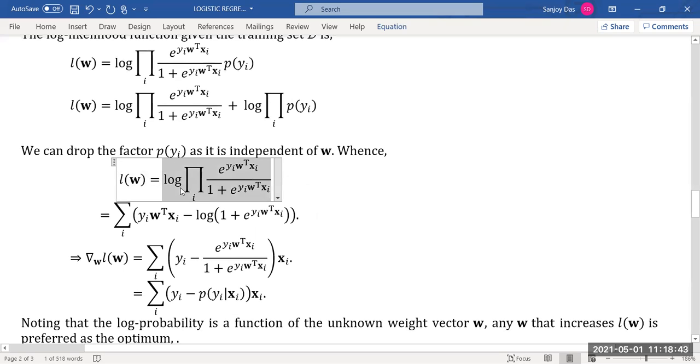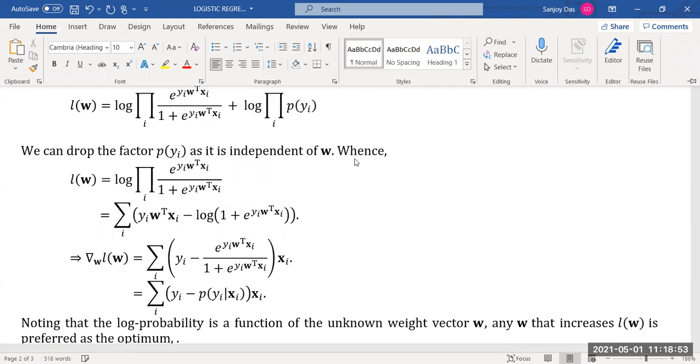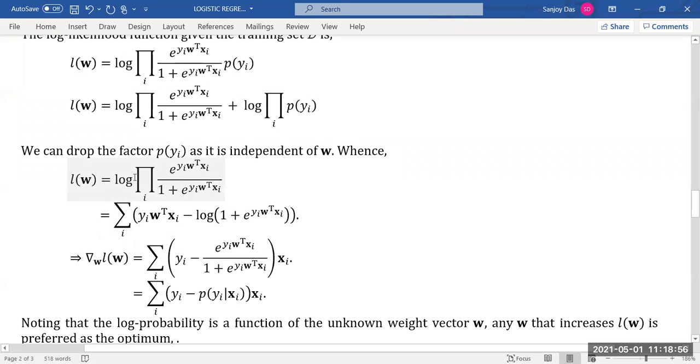When you take the log, this product of all these factors now reduces to a summation. So this log of the product of all these terms now becomes a summation, and in 2 steps you get this. So now summation of the log of e to the yi w transpose xi, which is equal to log of e to the something is that something itself.